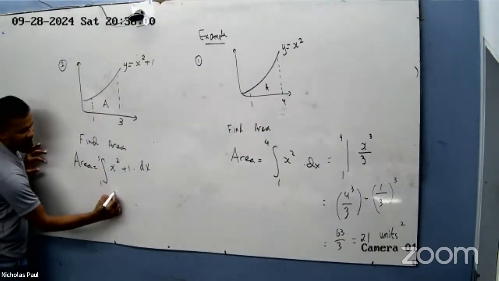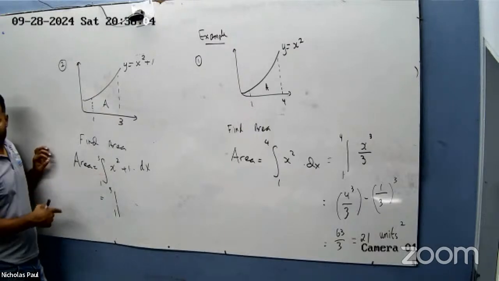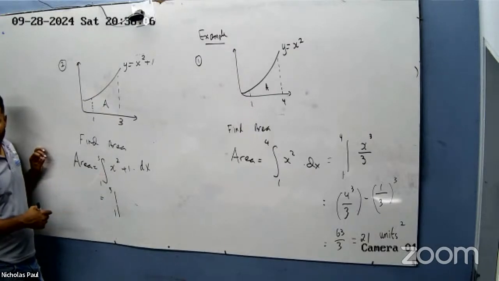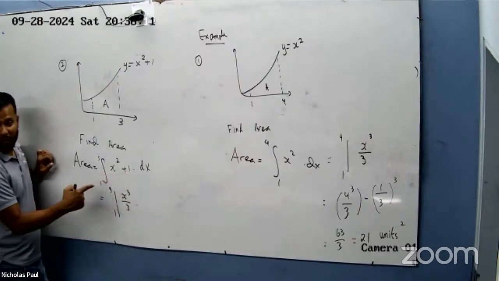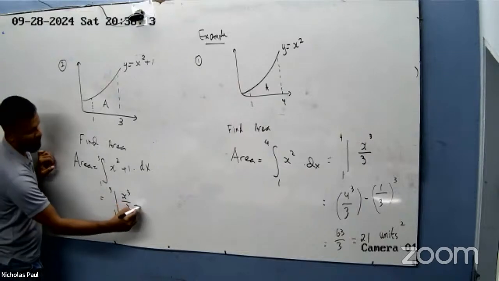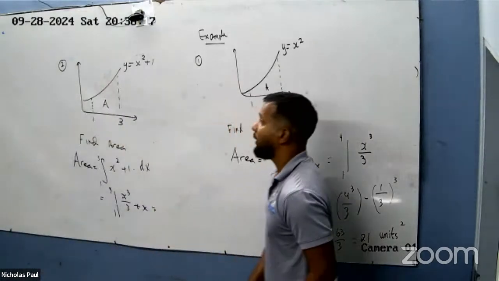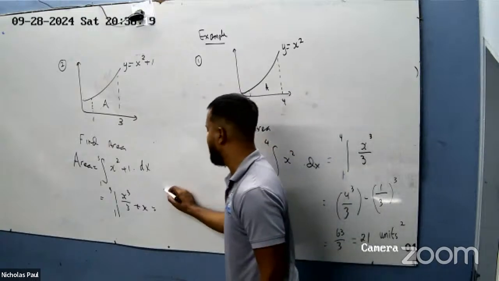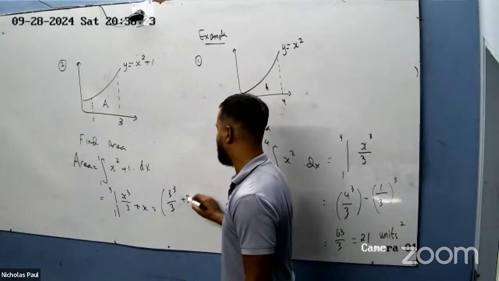Once you start to integrate, remove this. What's the integral of x squared? And what's the integral of 1? 1x. When you reach there, plug in a 3: 3 cubed over 3 plus 3.